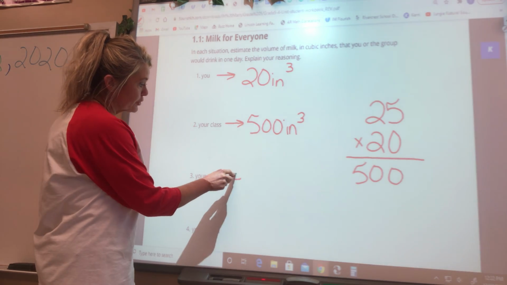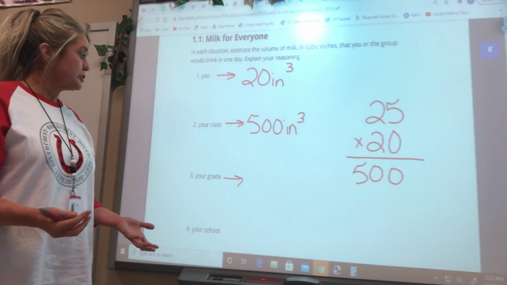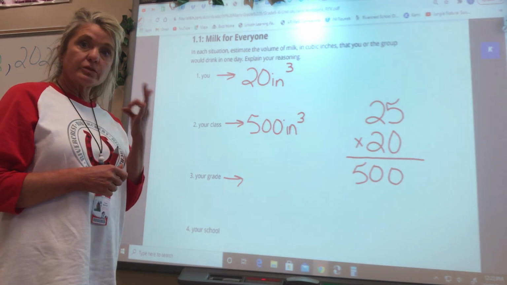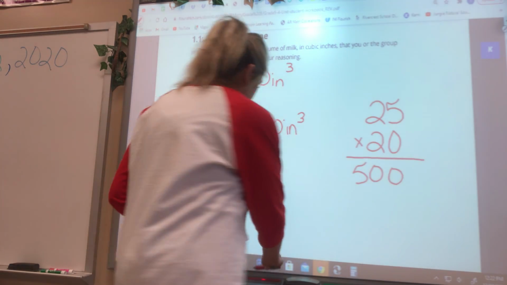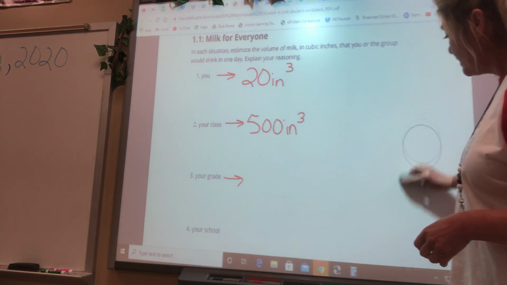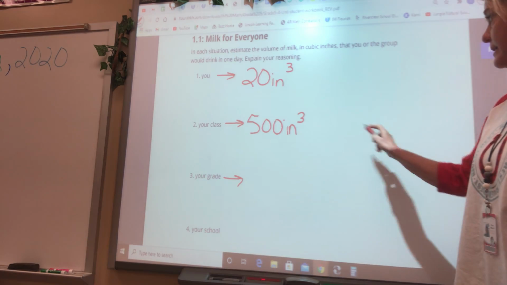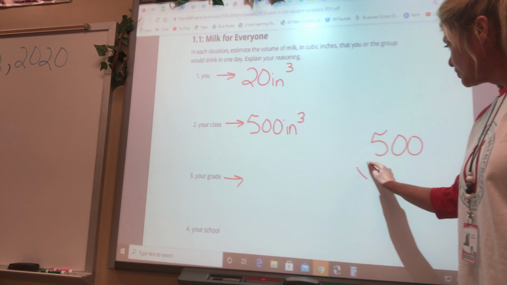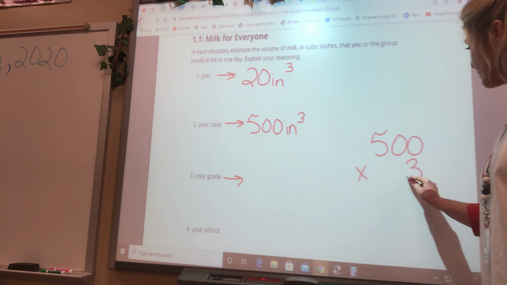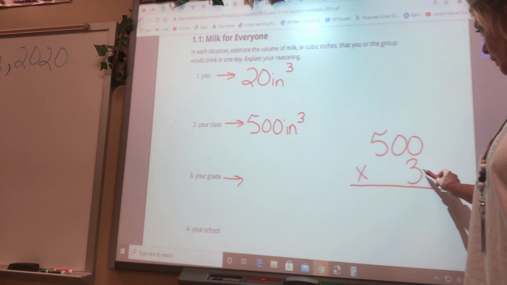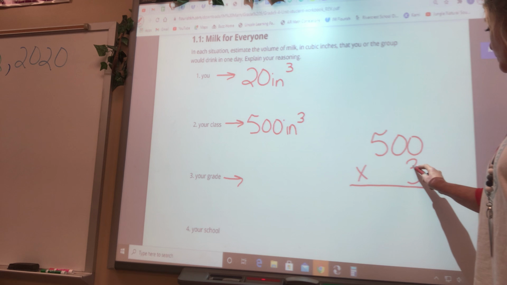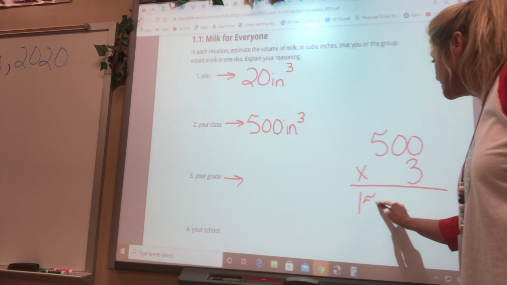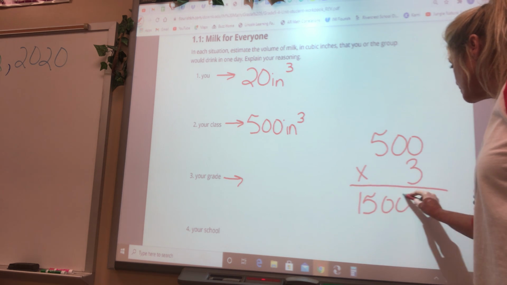The next one says your grade. Again, they don't have us using our actual grade here at school. They tell us that there are 3 classes per grade. So if each class, we said, can drink an estimate of 500, and they have 3 classes per grade, we're multiplying times a power of 10, so we can multiply just the base number parts. 3 times 5 is 15, and then add that many zeros.